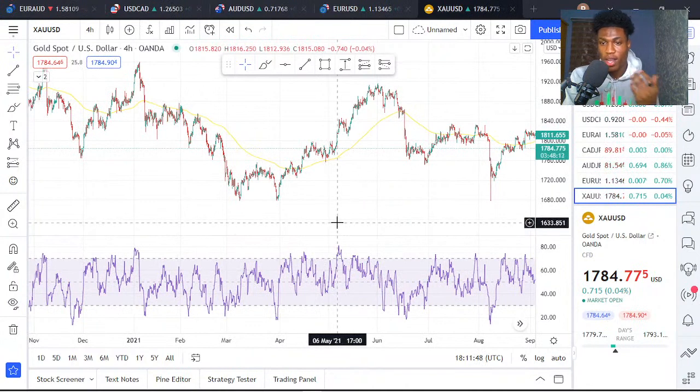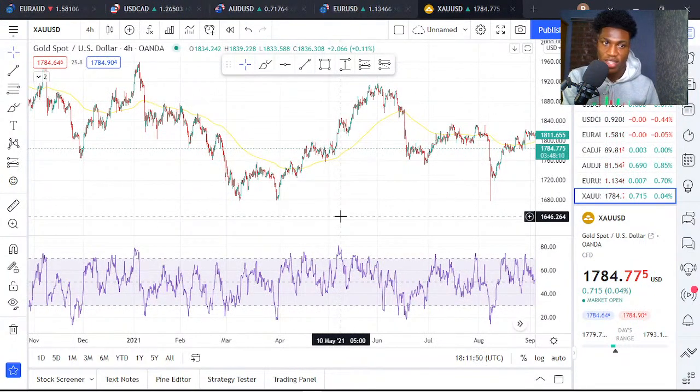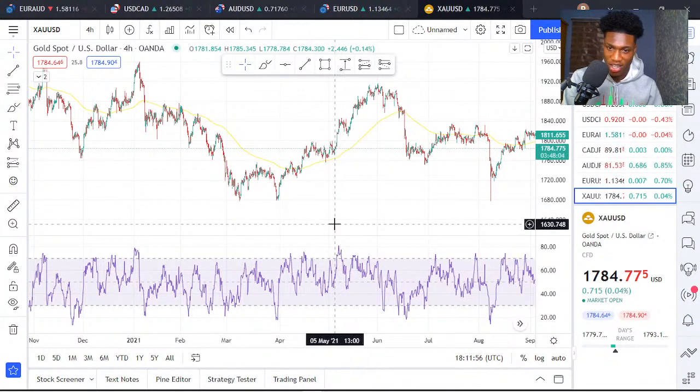Now, a lot of people say RSI doesn't work, and that's mostly because they trade the RSI in isolation, right? They just see that price is below 30, let me just buy.